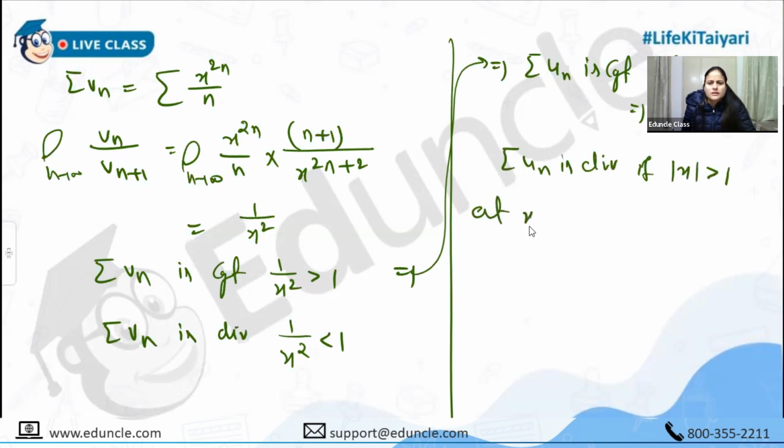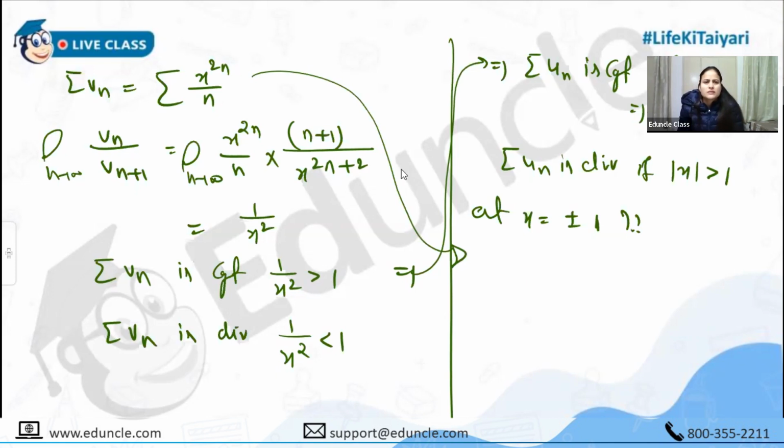And what about at x equal to plus minus 1? At x equal to plus minus 1, the ratio test fails. Clear? But as we are checking the convergence or divergence of the Vn series, because Vn and Un will converge or diverge simultaneously in the second comparison test, we discuss the convergence or divergence of Vn, because the nature of Vn and Un will be the same.